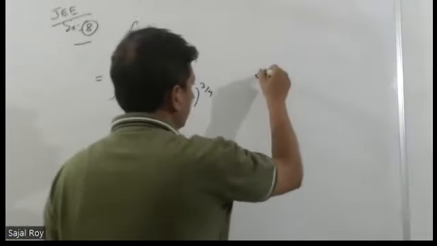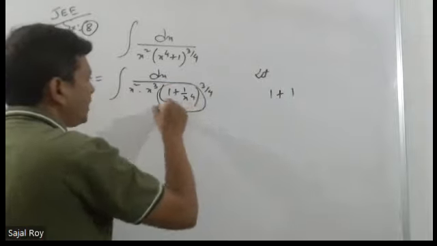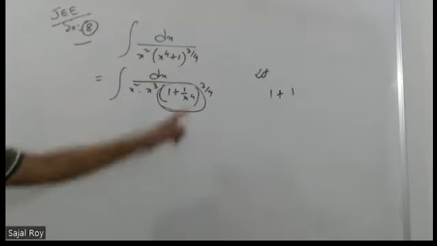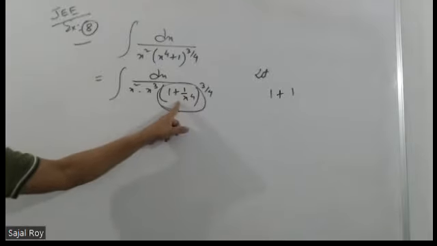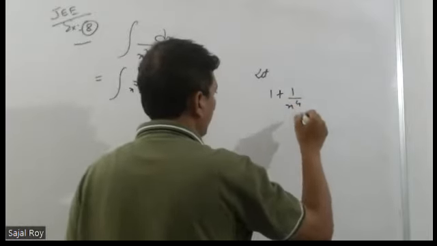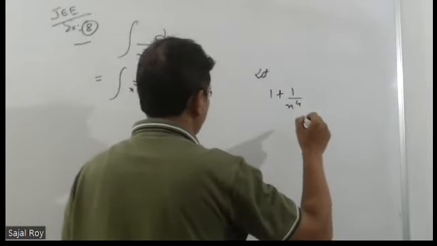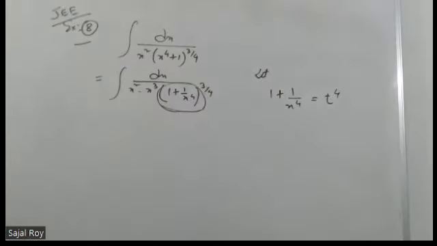Now let us do the substitution. Always your substitution will be this complicated part because you have a root over there. So your substitution will be 1 plus 1 by x to the power 4 equal to t to the power 4. Why am I taking the substitution t to the power 4?